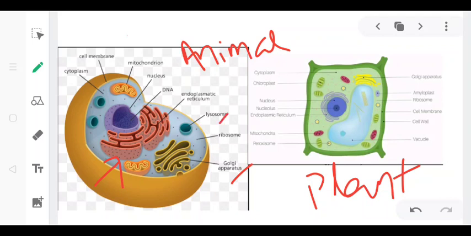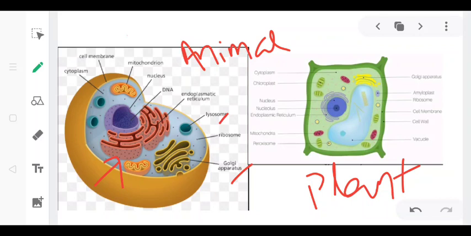Next one is lysosome. Lysosomes are membrane bound sacs filled with digestive enzymes, and these enzymes are made by RER, that means rough endoplasmic reticulum. Lysosomes are a kind of waste disposal system of the cell, and these help to keep the cell clean by digesting any foreign material as well as worn out cell organelles. Foreign materials entering the cell such as bacteria or food, as well as old organelles, end up in the lysosomes, which break complex substances into simpler substances.